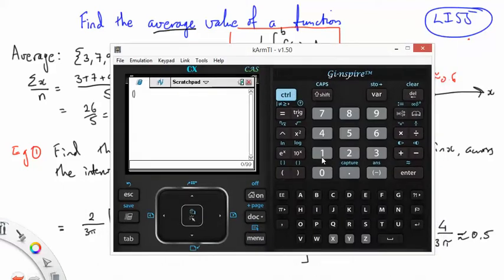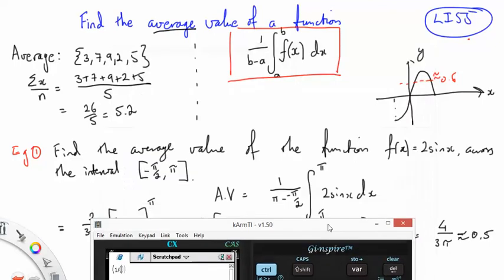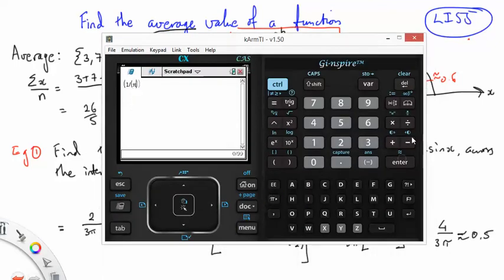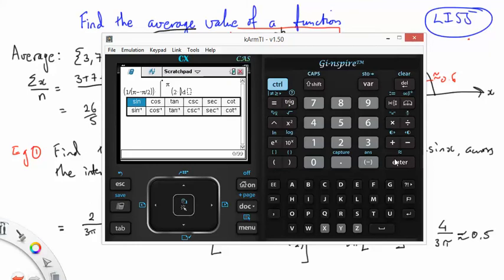Okay, 1 divided by pi minus negative pi on 2 times shift plus, negative pi on 2 to pi, and we've got 2 times trig sine x, close the bracket, dx.